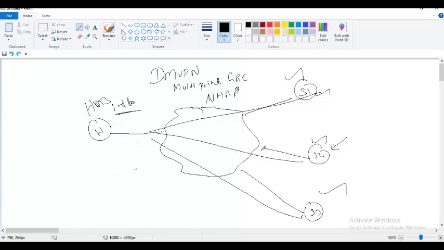I want to repeat this again. DMVPN is not only a multi-point GRE, it also helps spoke to spoke direct communication, for which you no need to do any configuration other than this protocol NHRP in DMVPN.